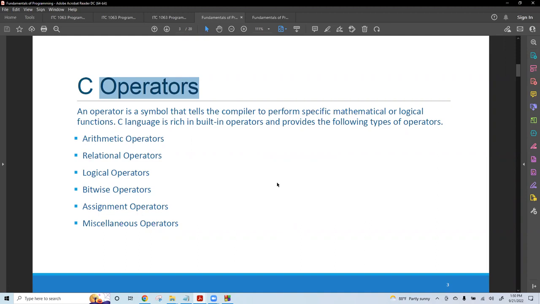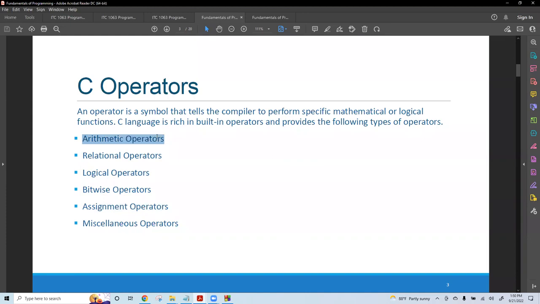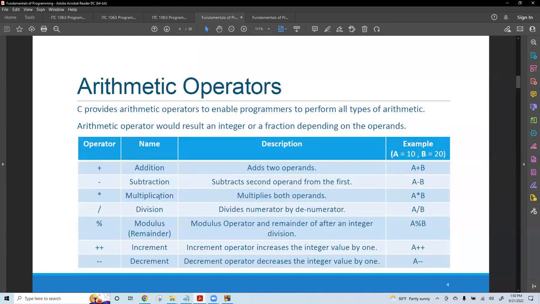Right. So these are the categories of operators we have. We discussed arithmetic operators, which are mainly simple mathematical operations: addition, subtraction, multiplication, division, and modulus.